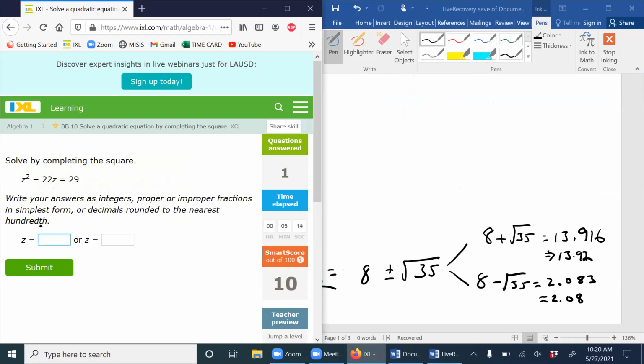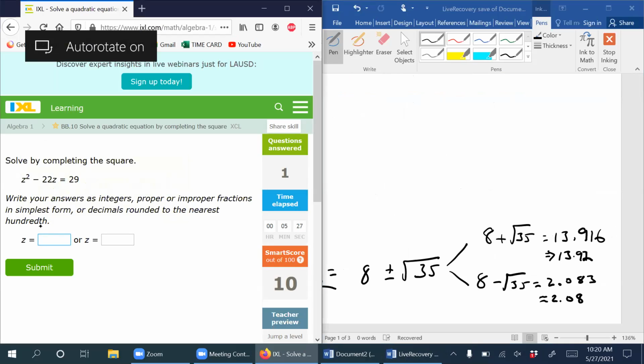Oh, wow, we got that right. How nice. Now this next problem, they have the 29 on the other side. And oftentimes you might see complete the square problems like this, but we're going to move it back over.